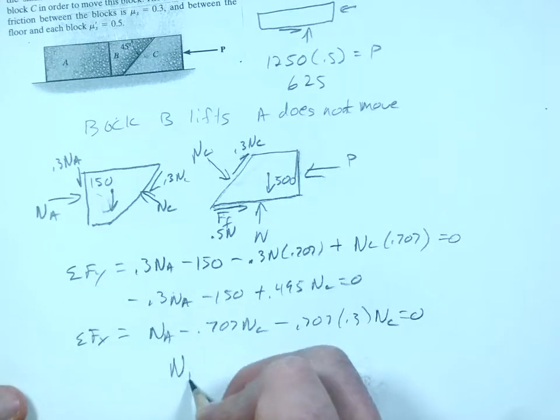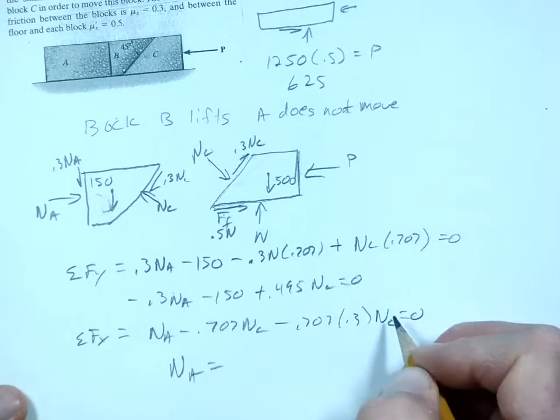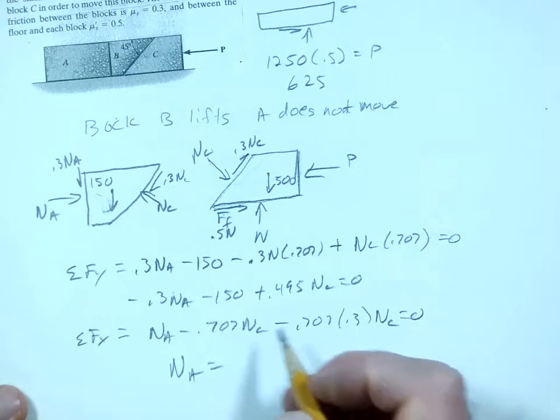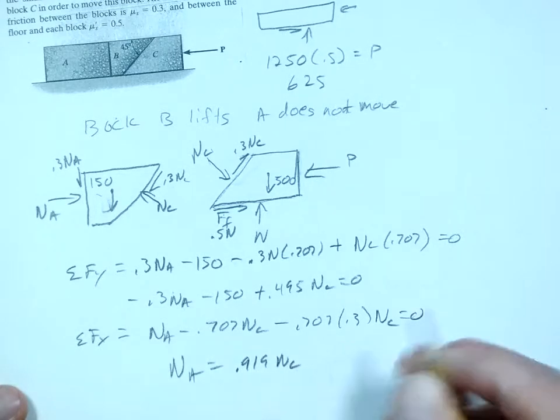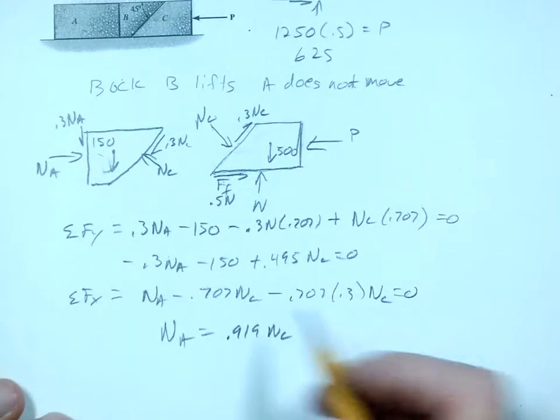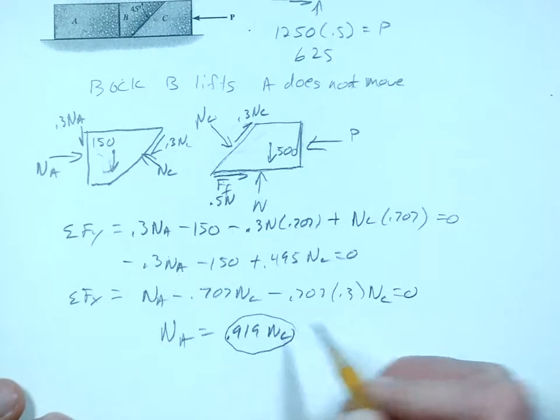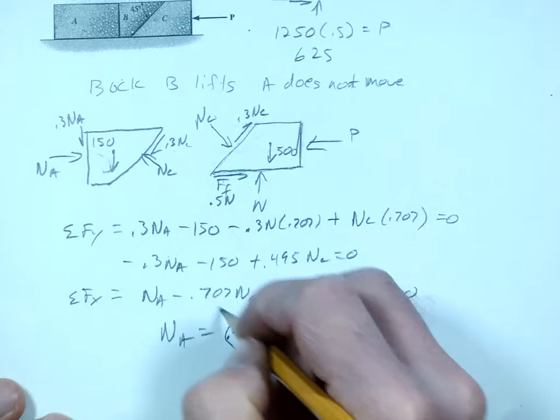So NA, moving those to the other side and combining them, gives us 0.919 NC. And we'll put this into right there.